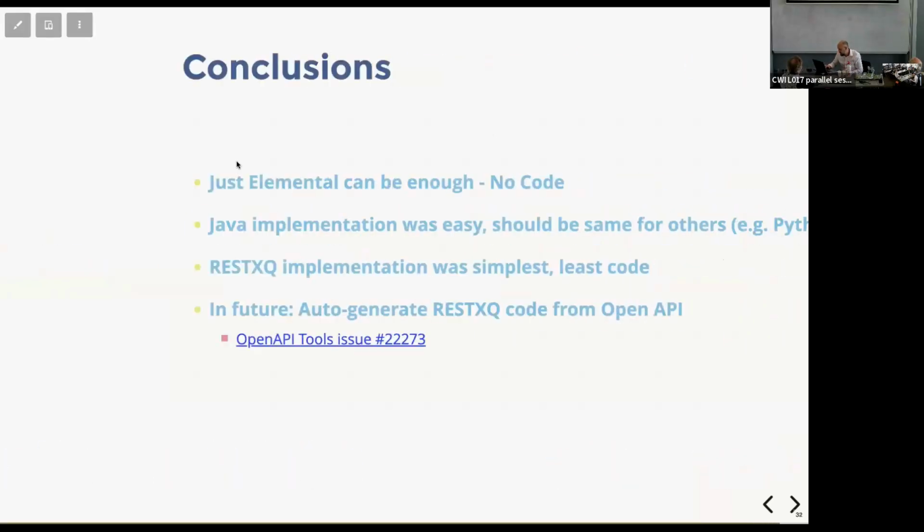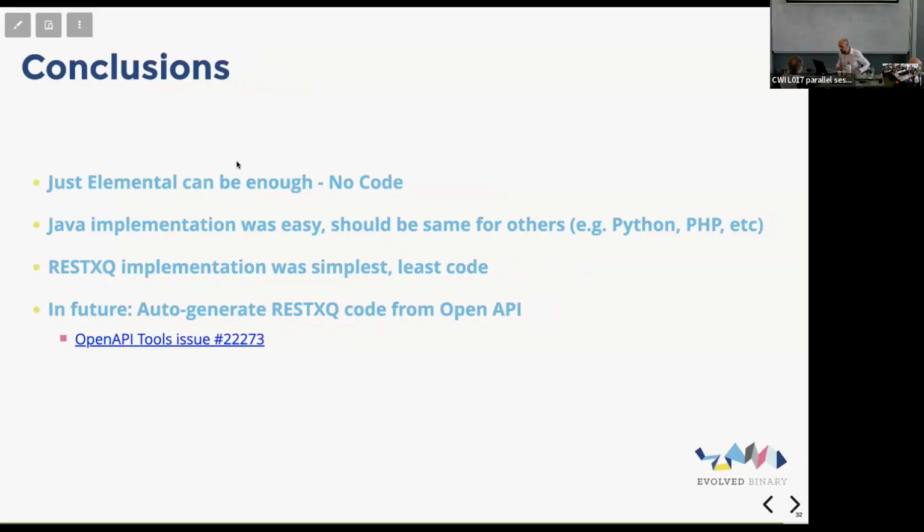And so, in conclusion, you could just use Elemental if your requirements for your web API are quite RESTy, right? So create documents, delete documents, put documents, patch documents using XUpdate. That's your only option for patch there, I'm afraid.